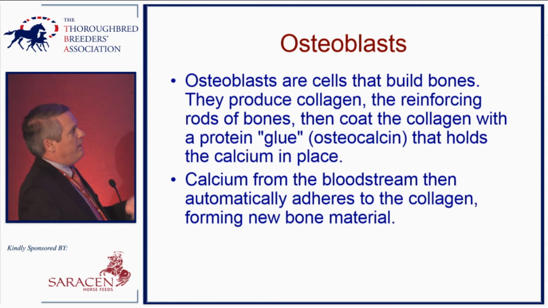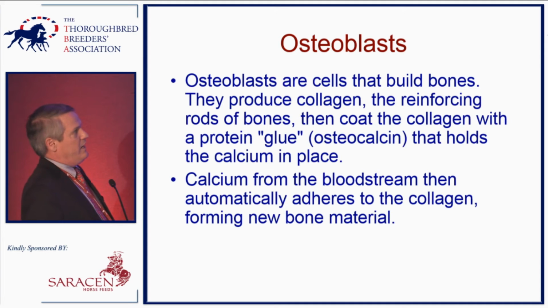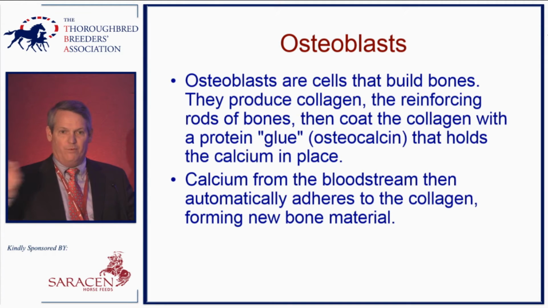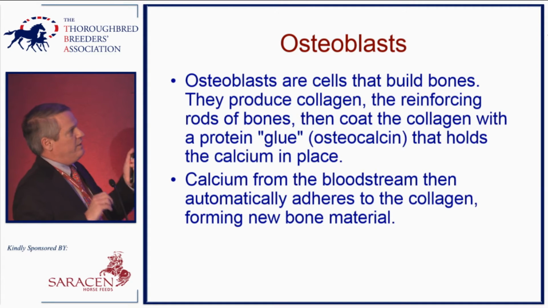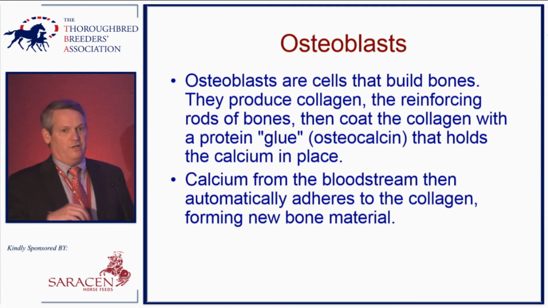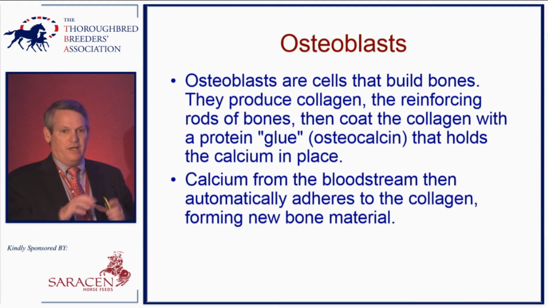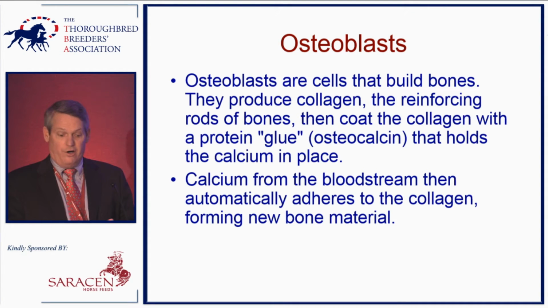The osteoblasts are the cells that build bones. They produce collagen, and you can look at collagen like rebar, the reinforcing rods that we use in concrete. That's collagen. They also produce a protein glue called osteocalcin. Osteocalcin coats the collagen, and it attracts the mineral to stick to the collagen, and that forms a hard bone.